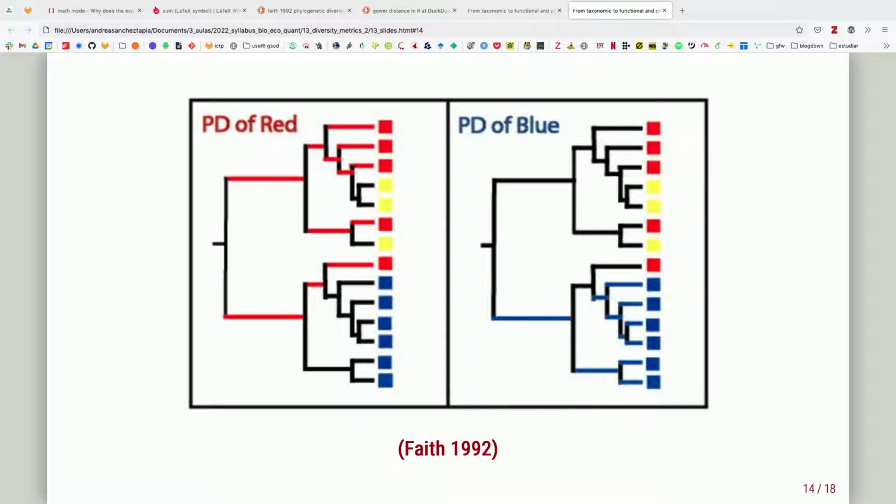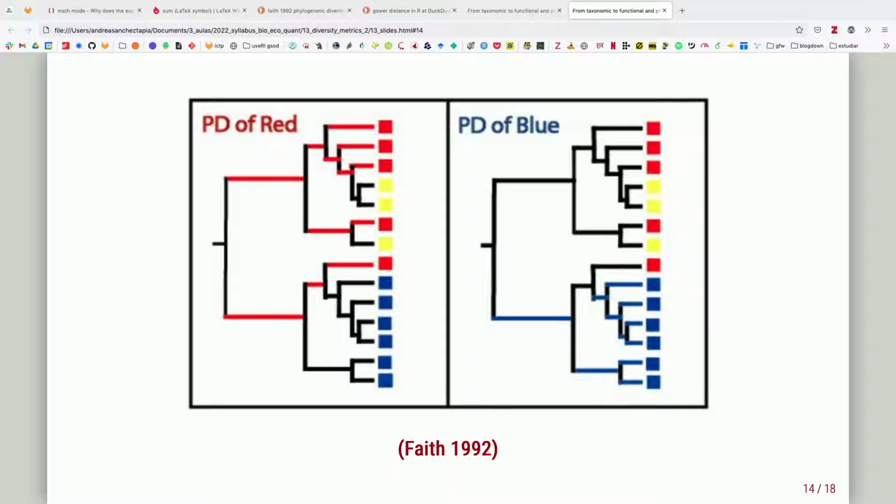But what Faith was doing in his paper was giving importance to isolated clades in communities. So for example, if you have this kind of long branches that are isolated, if you have an individual from a species that has no common relationship with the others, or that has a very distant early divergence, the presence of this kind of individuals in communities should be valued more than only richness, for example.